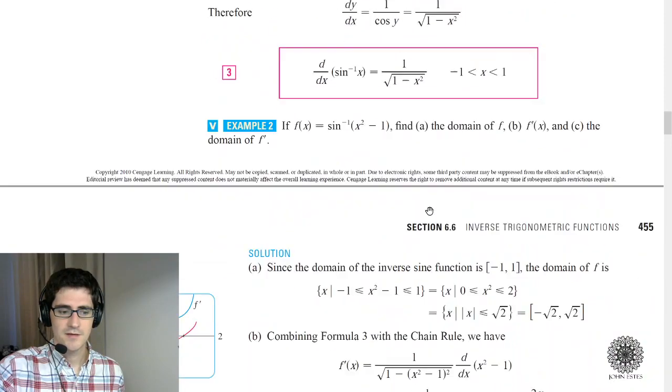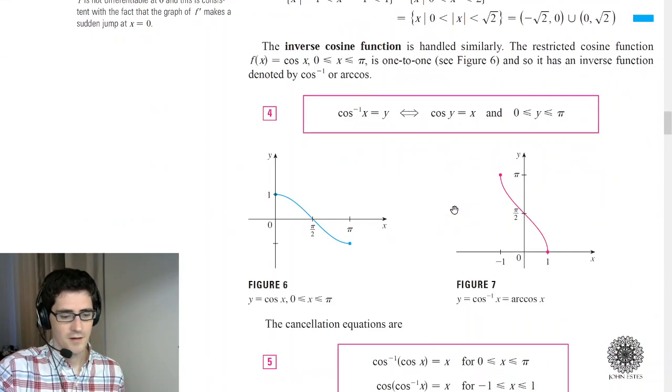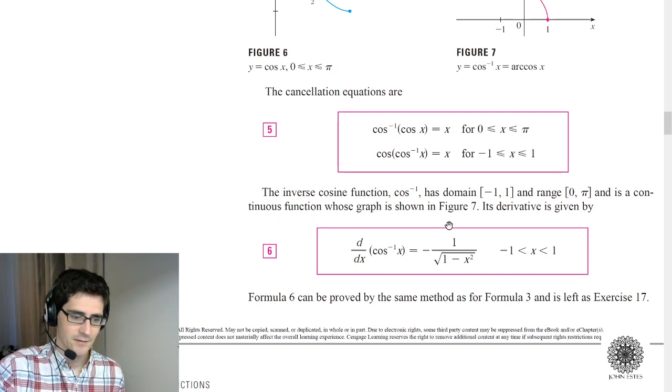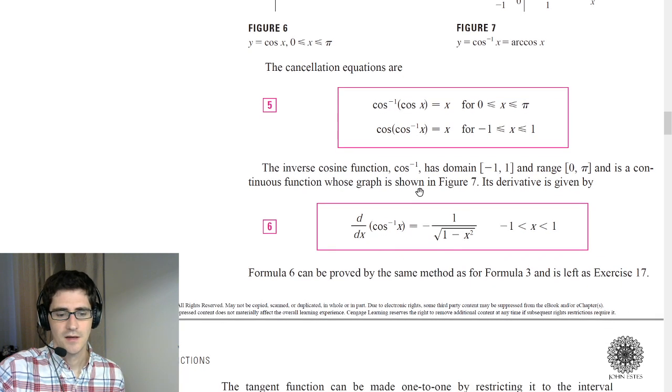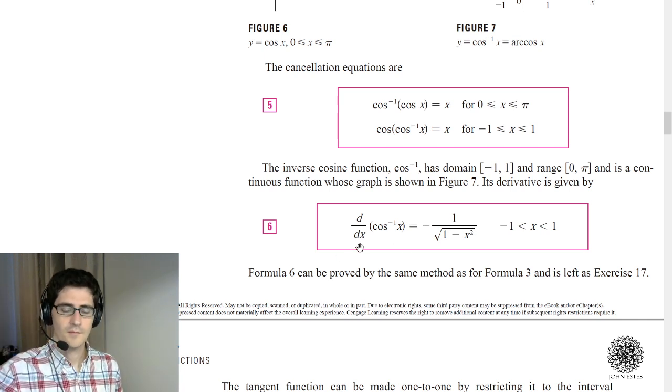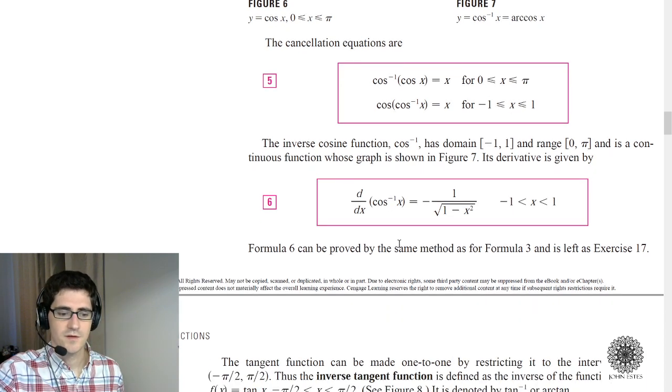And so for that reason, you follow the rest of the calculations the same way. Your derivative of cosine inverse is negative 1 over square root of 1 minus x squared. So it's a very similar calculation. It's just you get a negative instead. So there is the derivative of cosine inverse. Okay, closely related to sine inverse, maybe more so than you even realized.